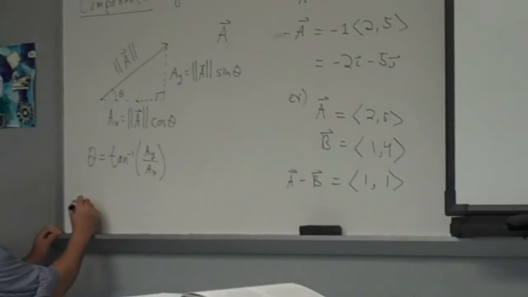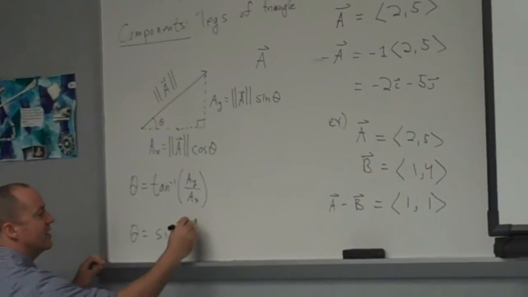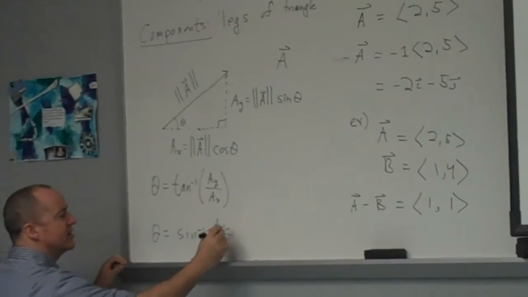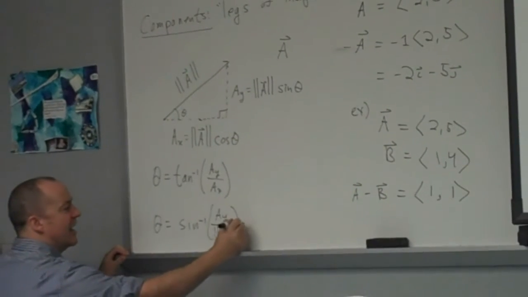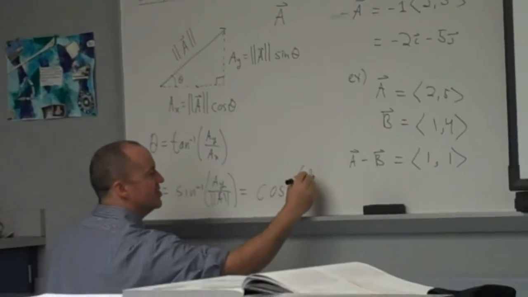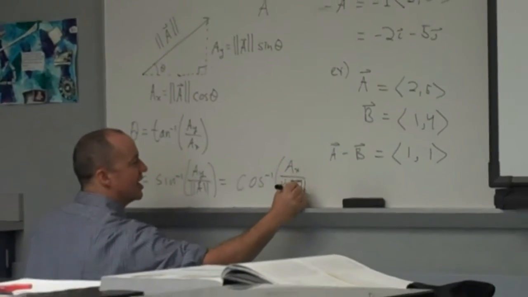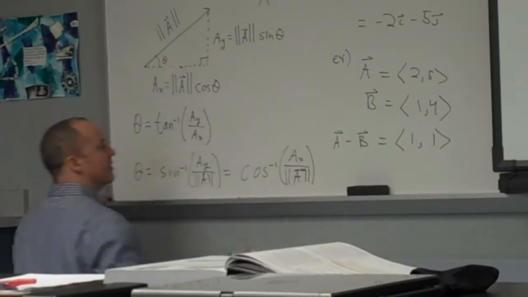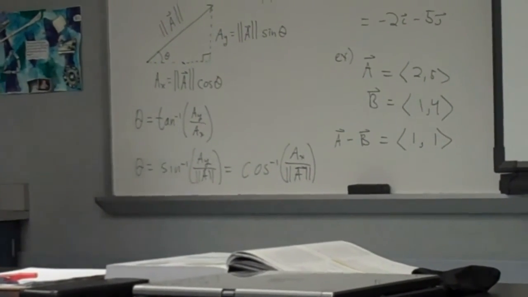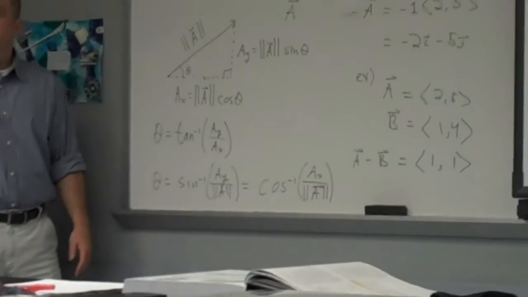You can also find it by saying theta is the inverse sine of opposite over hypotenuse. And it's also the inverse cosine of the adjacent over the hypotenuse. We only need one, right? You only need one. But if you love cosines and sines and hate tangents, go crazy. I love tangents.